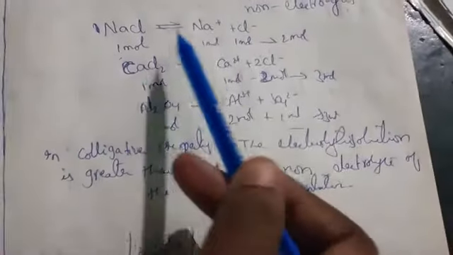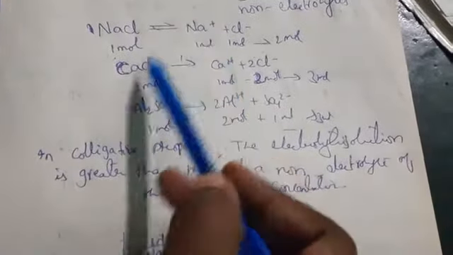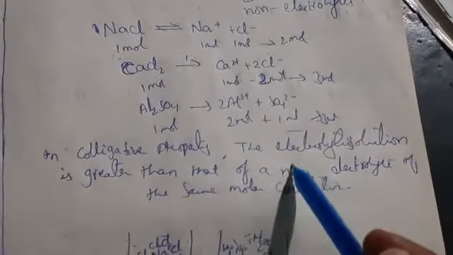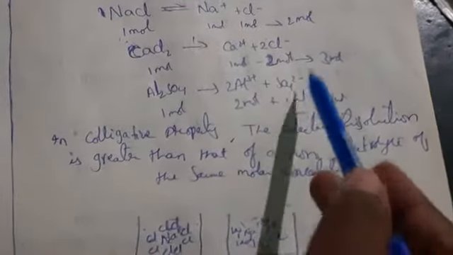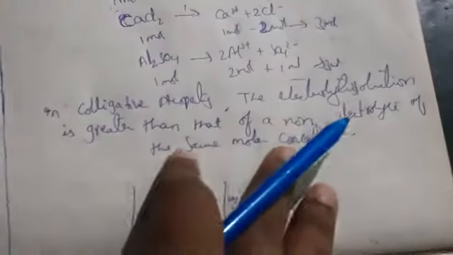So NaCl is giving 2 moles, Na plus and Cl minus, means it is splitting into ions. So automatically, the electrolytic solution's effect is always greater than that of a non-electrolyte of the same molar concentration. The non-electrolyte means one which cannot dissolve in water.